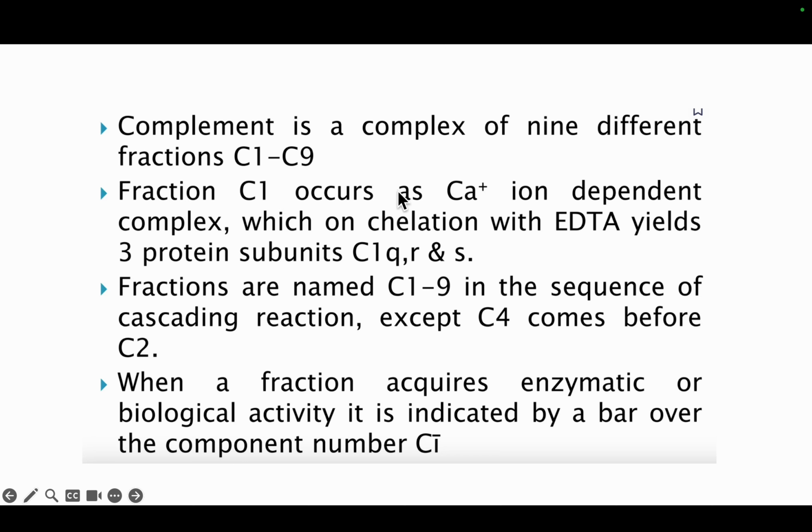Fraction C1 occurs as a calcium (Ca2+) ion dependent complex, which on chelation with EDTA yields 3 protein subunits: C1q, C1r and C1s.